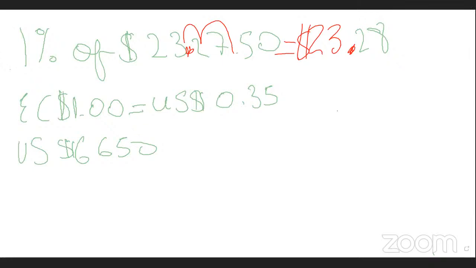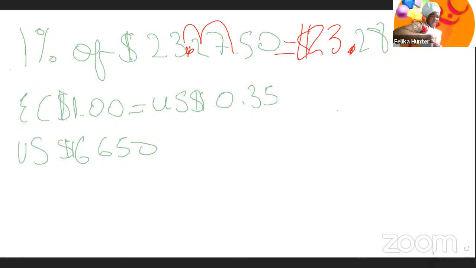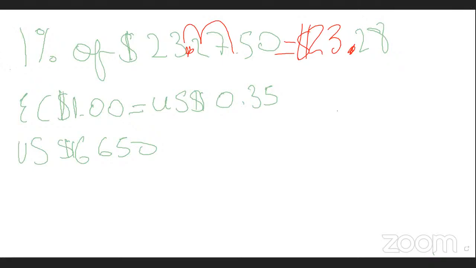A month later, he converted the US $6,650 back to EC dollars when the exchange rate was EC $1 equal US 38 cents. Stop. What correction needs to be made in that part of the question? It's supposed to be 0.38. Change the 5 to 8.